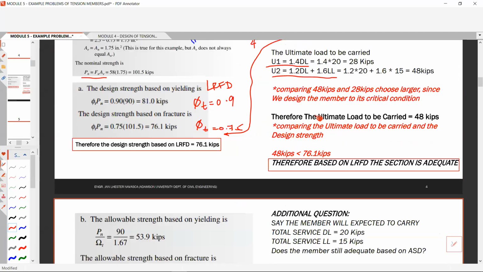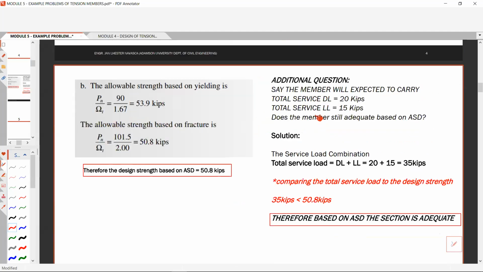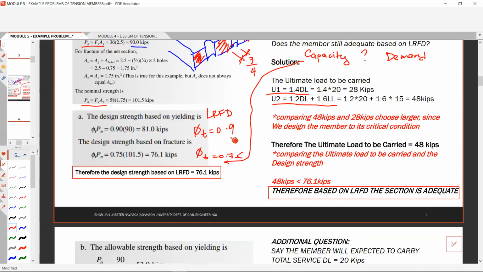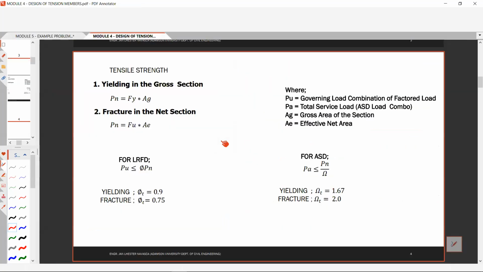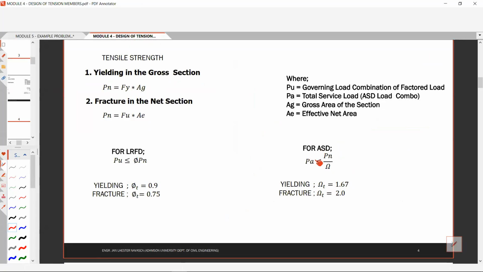Based on LRFD, that was problem A. Now problem B, based on ASD. Since we have the nominal strength, if you check module 4, based on ASD we are dividing the nominal strength by a factor of safety omega. Your omega based on yielding is 1.67 and your omega based on fracture is 2.0.